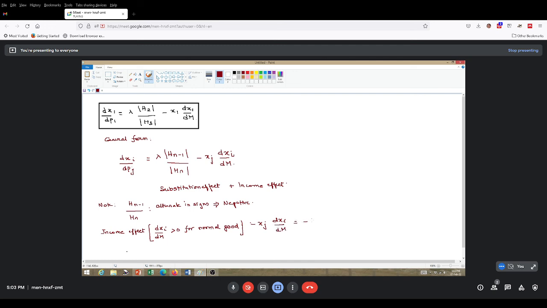So that means this is positive and for a normal commodity this is positive. So what is the income effect? It is negative.